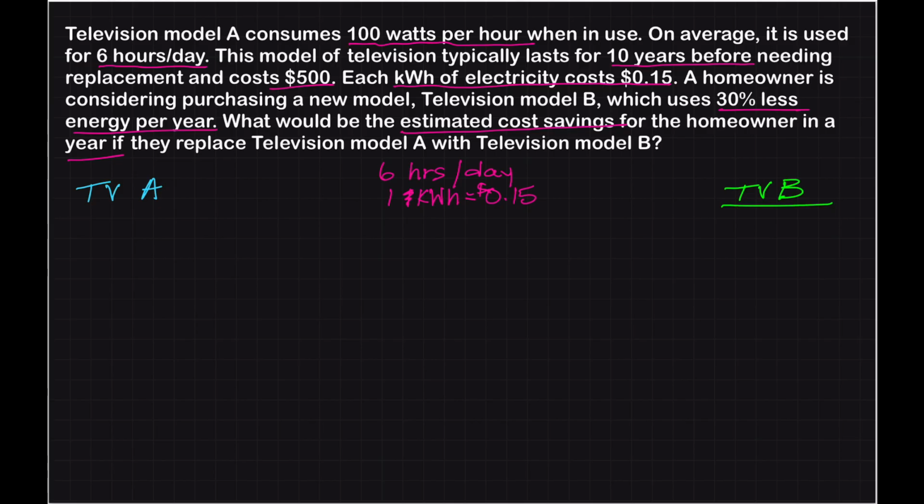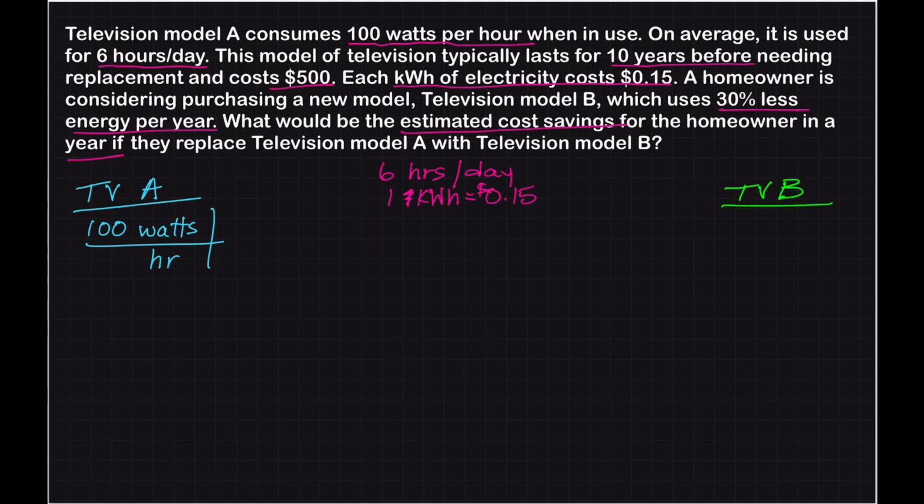The first thing I want to do is switch all of this to kilowatts, because our money is going to be in kilowatts, so we need to adjust this. Our TV A is 100 watts per hour.